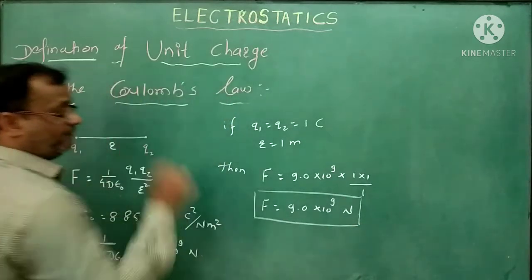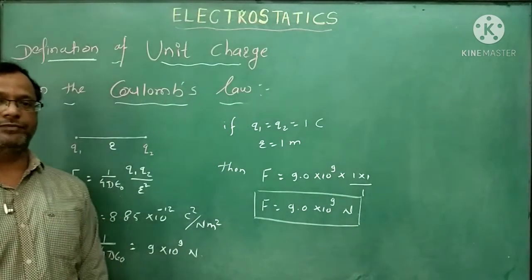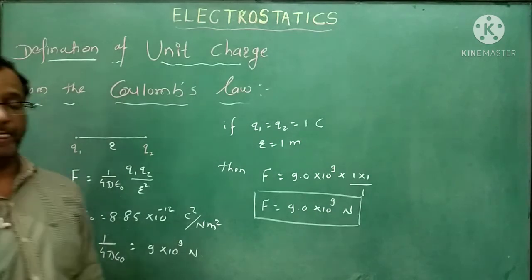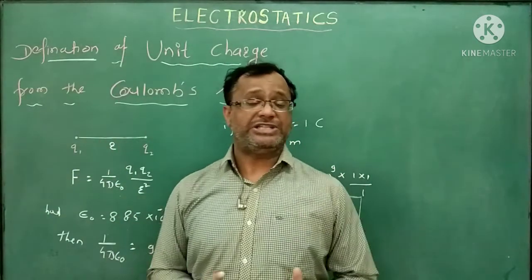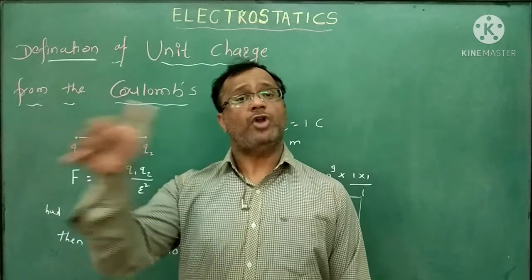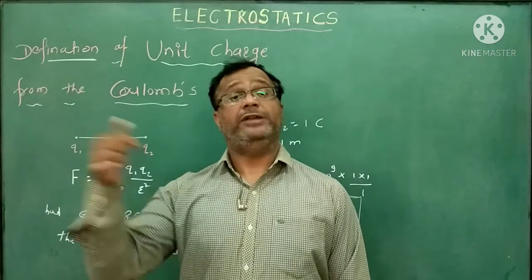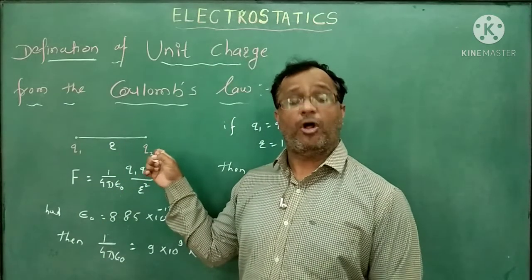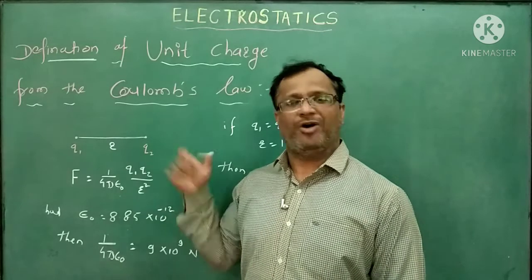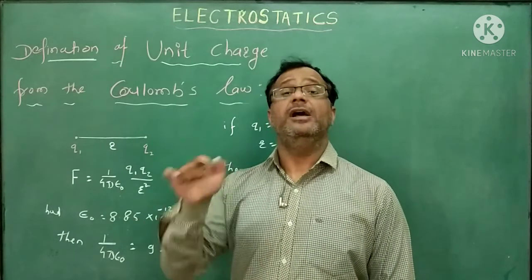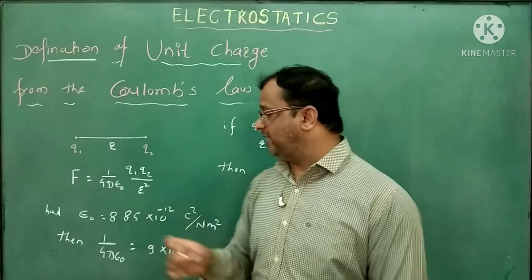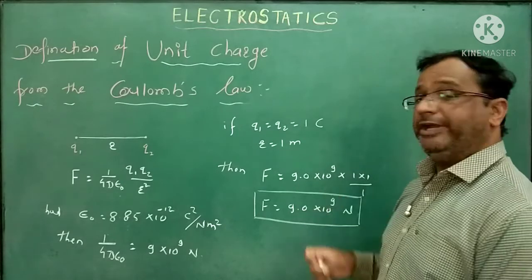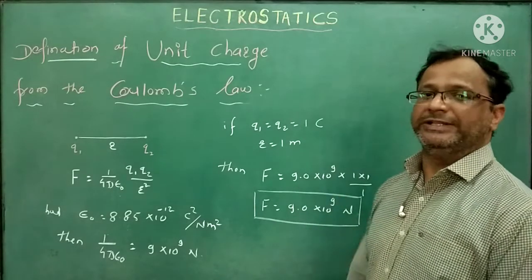Then from this we define 1 coulomb of electrical charge. 1 coulomb of electrical charge is the amount of charge which, when placed at a distance of 1 meter from another charge of the same magnitude in vacuum, experiences a force of 9.0 into 10 raised to 9 Newton.